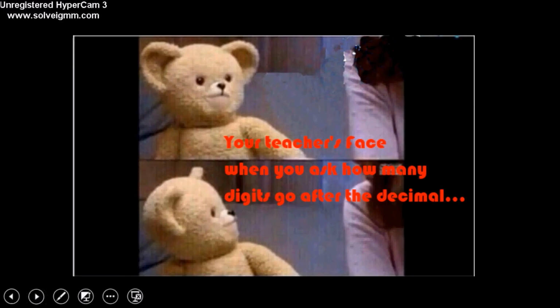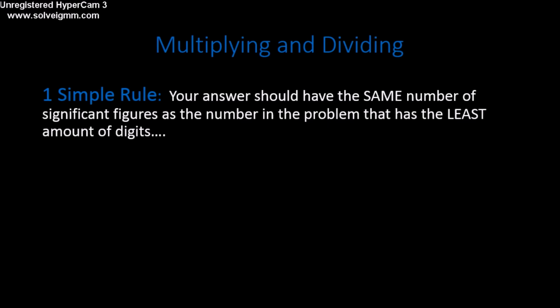I'm quite sure that your teacher is going to give you the snuggle bear face if you ask him or her how many significant digits your answer should have, because the numbers that you use in the problem automatically tell you this answer without you even having to look at your teacher. Now for some practice. If you are multiplying or dividing and you want to know how many significant figures your answer should have, there's no need, once again, to ask your teacher, because the numbers in the problem tell you all the information that you need.